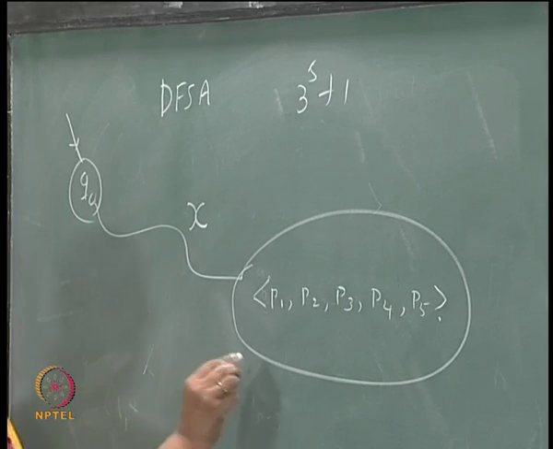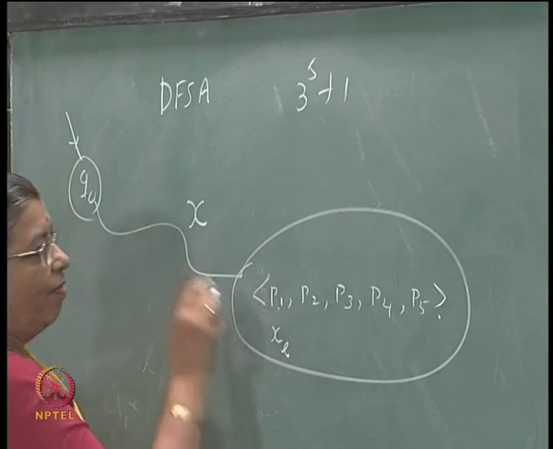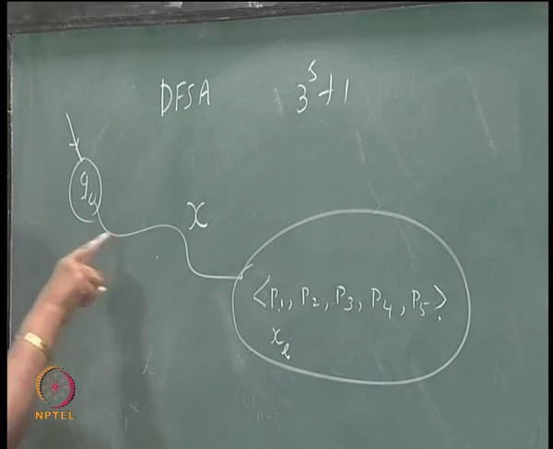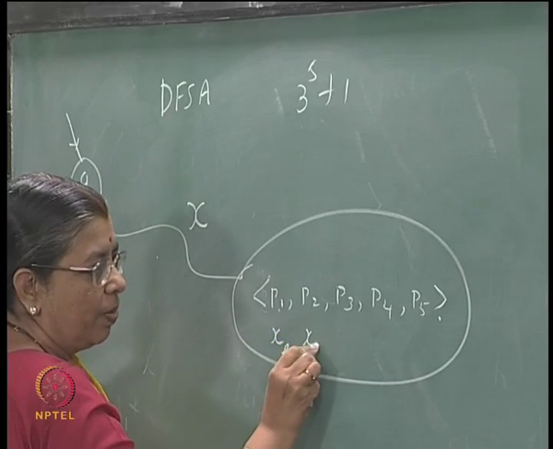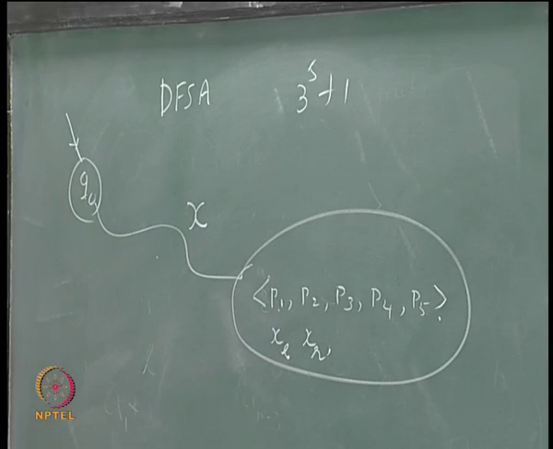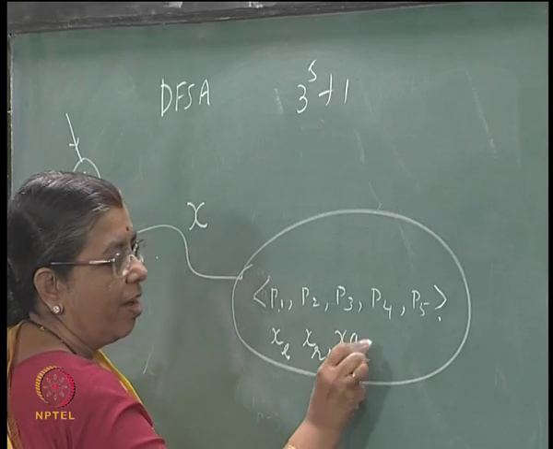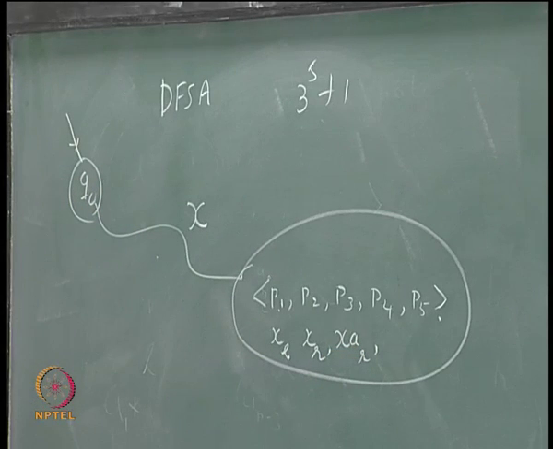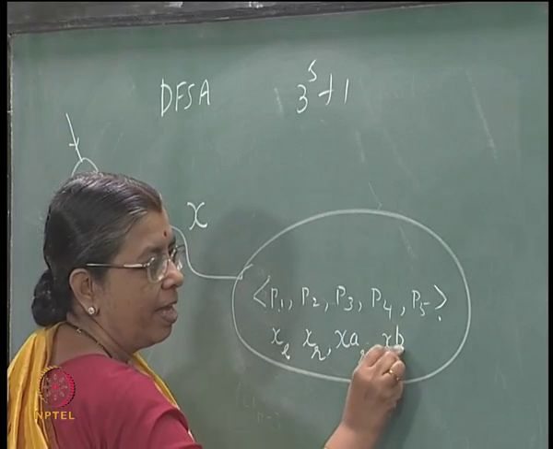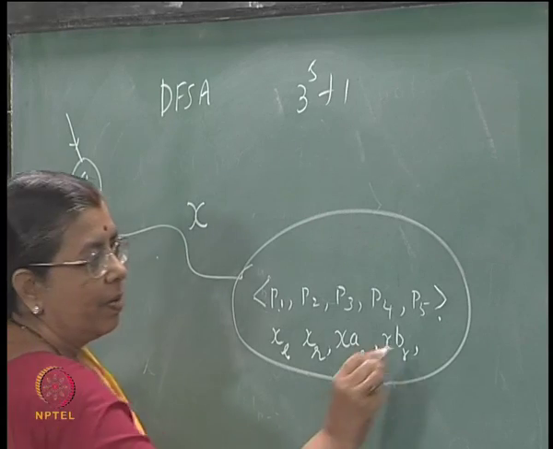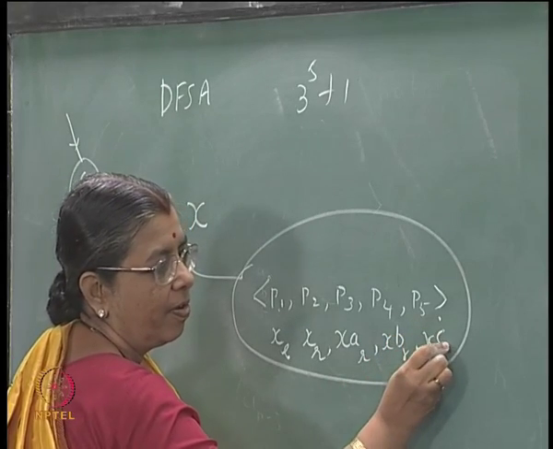And what it means is P1 denotes the left evaluation of the string x, and P2 will denote the right evaluation of that string, P3 will denote the right evaluation of xA, P4 will denote the right evaluation of xB, P5 will denote the right evaluation of xC.